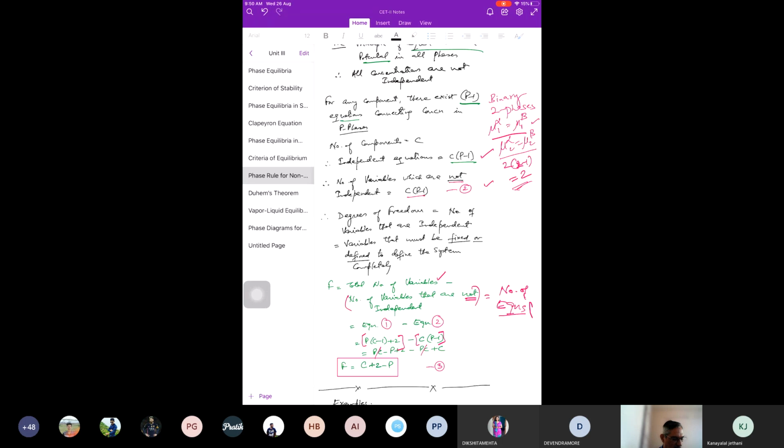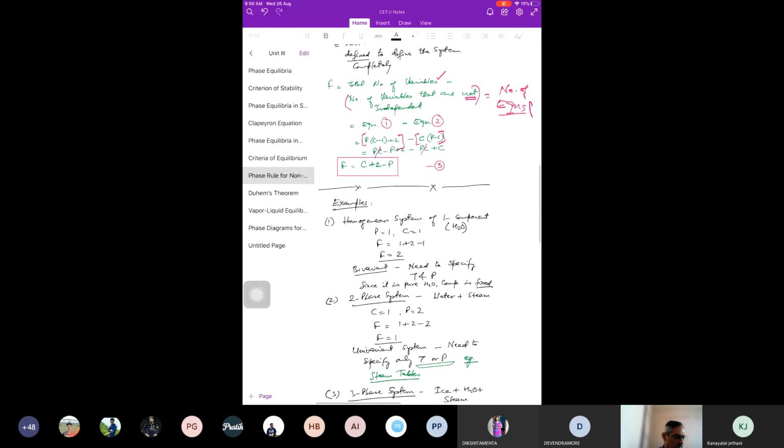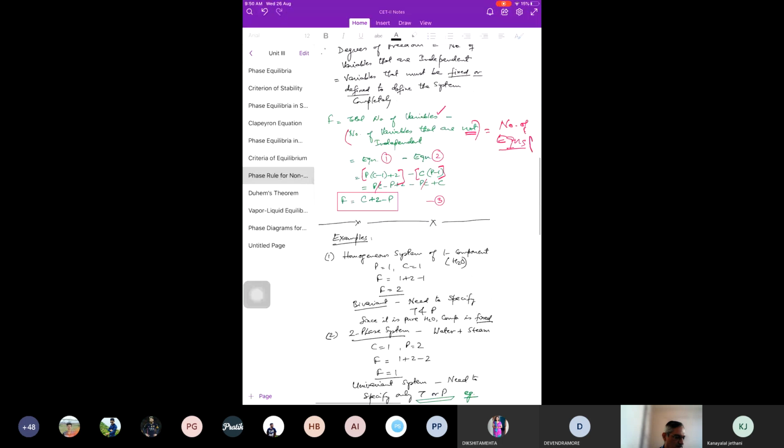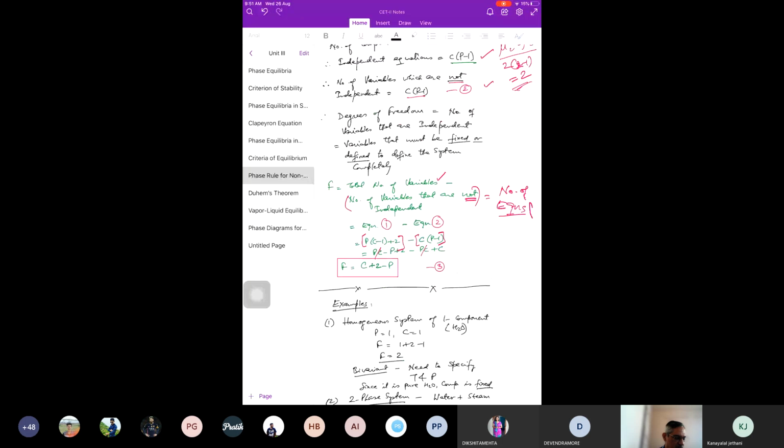Two components, two phases क्या हो जाएगा? 2. 2. Yeah. So you can just substitute and find out, right? And single component, two phase system. Water and steam. Plus 1. Yes. So just substitution है और कुछ नहीं है इसमें.